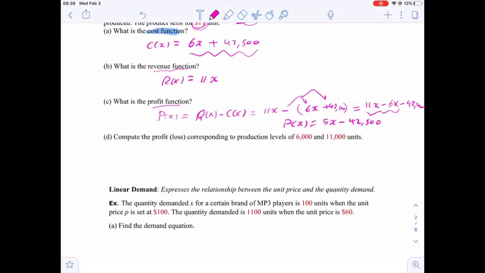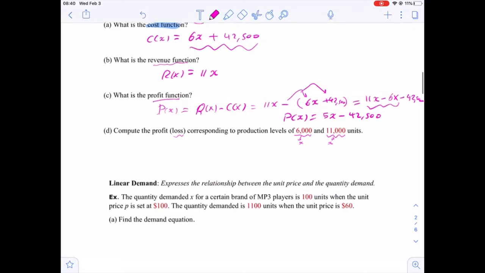Now part D, compute the profit or loss corresponding to a production level of 6,000 and a production level of 11,000 units. Production level means x. So we want to compute the profit. We have P of 6,000 first, and we just plug it into the function of the profit.